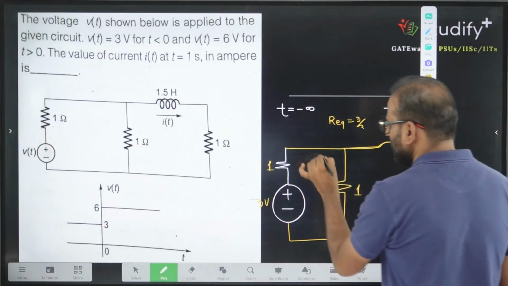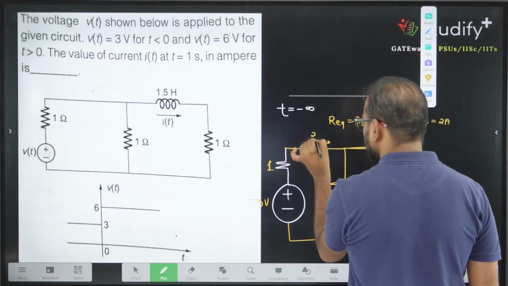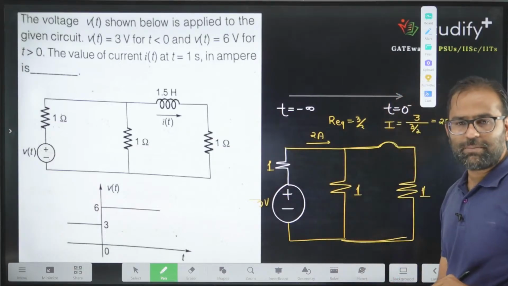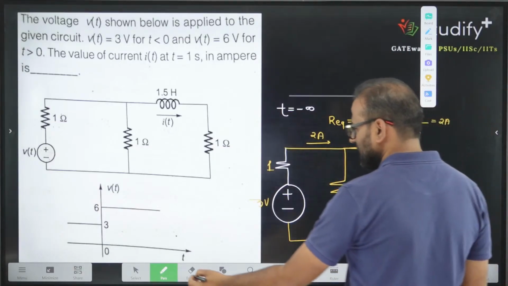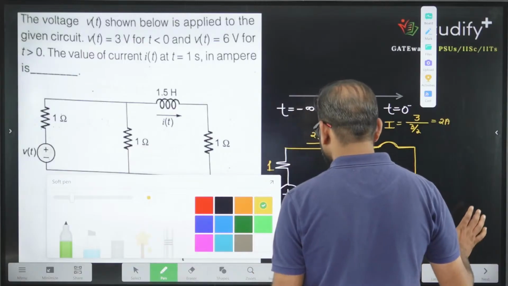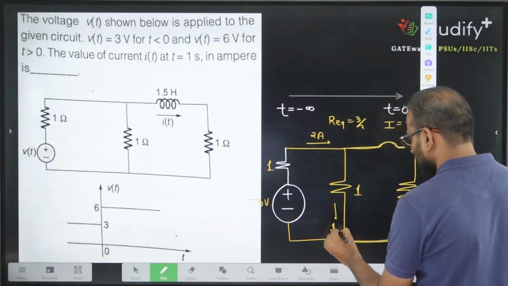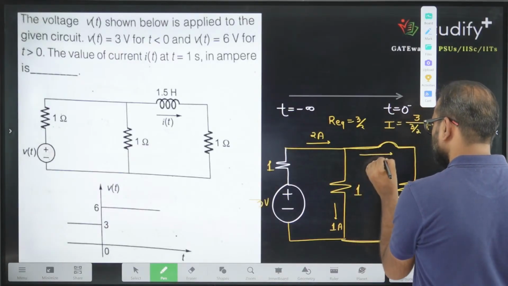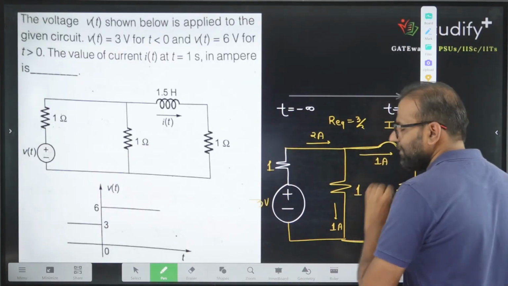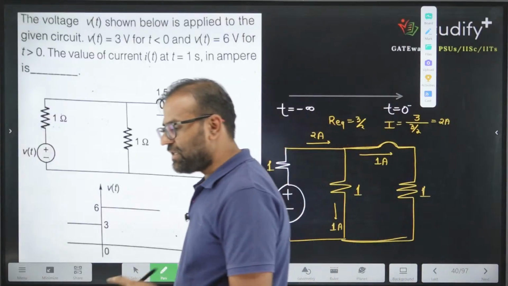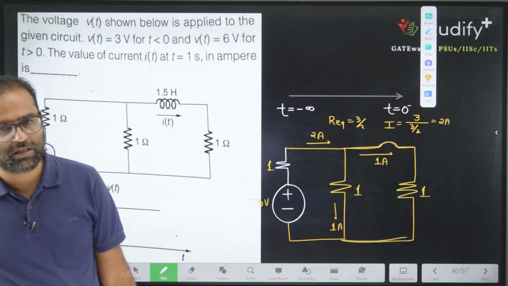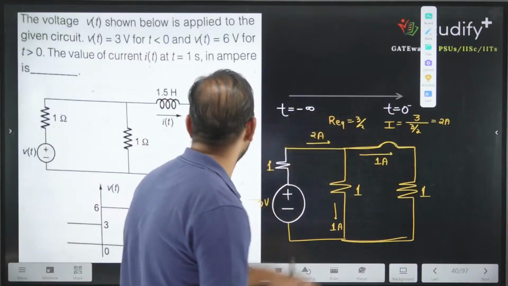So the source is drawing how much current? 2 ampere. And 2 ampere will be divided into two equal parts. So you can say each current will be what? This is 1 ampere and this is also 1 ampere. So we know the initial value of the inductor current, and the initial value of the inductor current is 1 ampere. Keep this in mind. In which direction? In the same direction.